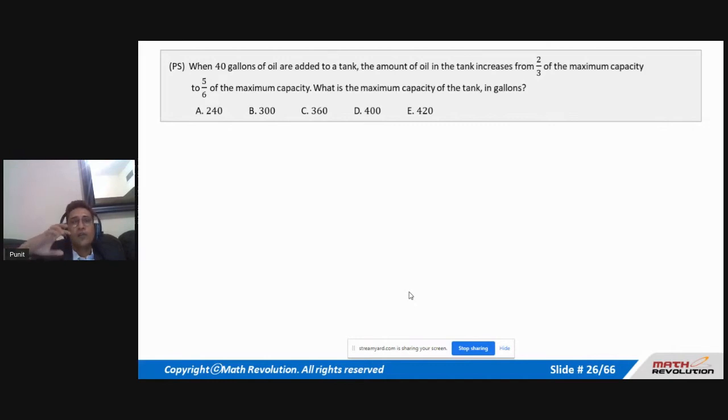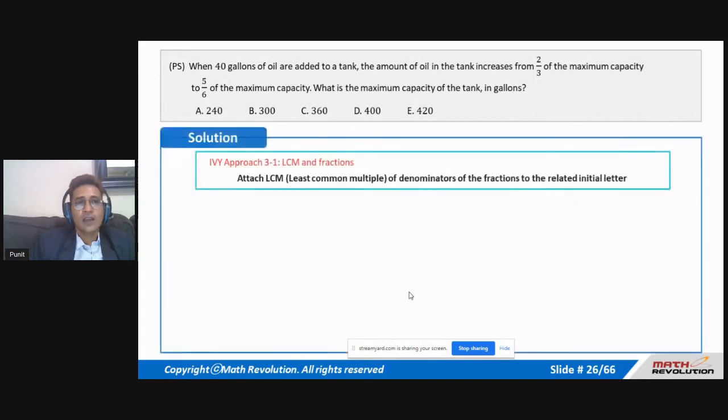What we know is that when 40 gallons of oil are added, the amount of oil in the tank increases from two-thirds of its maximum capacity to 5/6. The question is asking what the maximum capacity of the tank is. I can see there are two fractions, 2 over 3 and 5 over 6.